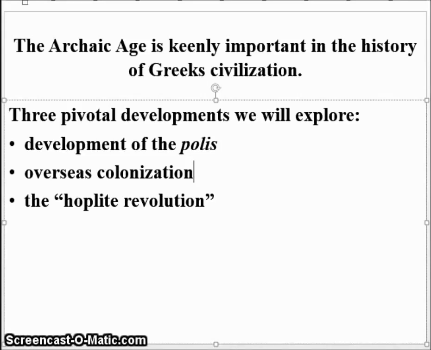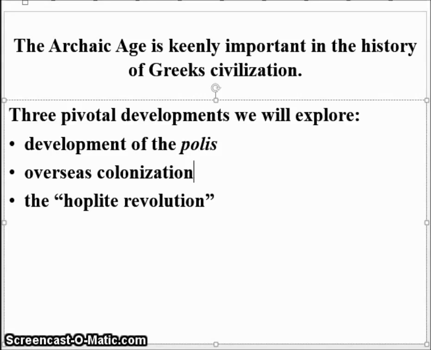And related to the development of the polis is the process of overseas colonization that the Greeks will begin during this archaic period, perhaps a little earlier, but certainly during the Archaic Age, colonization really does pick up steam.